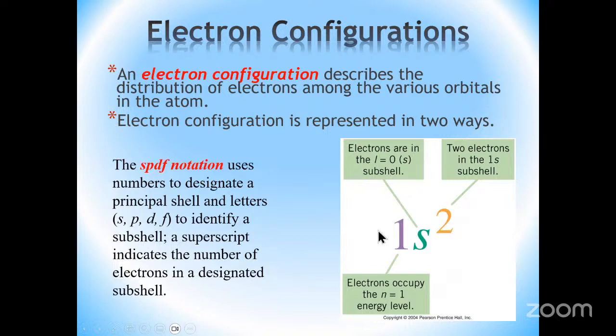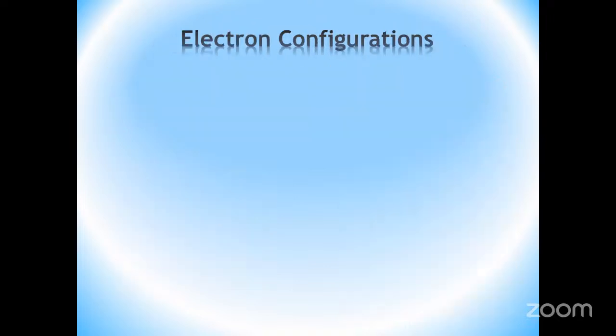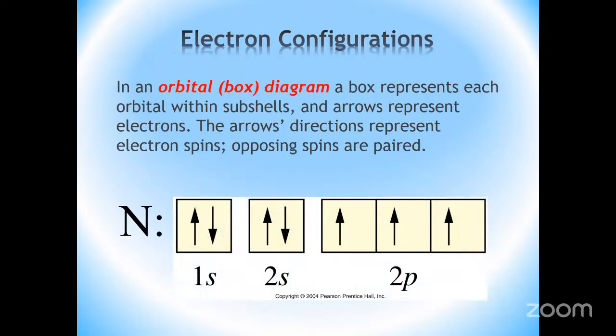So basically, this tells you that the S orbital in the first shell is occupied by 2 electrons, all right? So we can use that kind of notation to determine the electron configuration of an atom, once you know the number of electrons, which of course you can easily determine based on the atomic number.